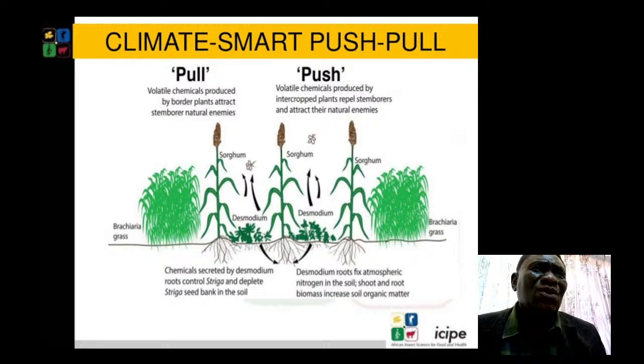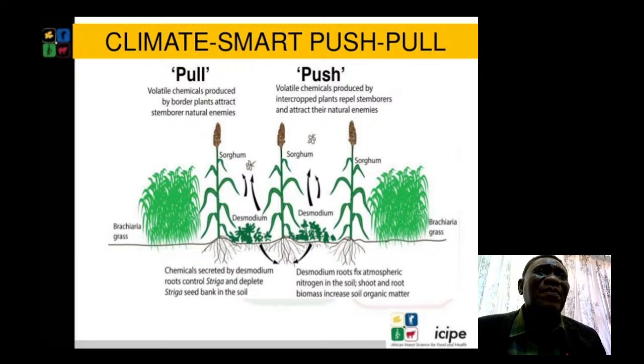Right, so we have Desmodium as the intercrop with the sorghum. Here we have actually two problems. We have the stem borer, which can destroy sorghum. We have the parasitic weed, which can also destroy the sorghum.